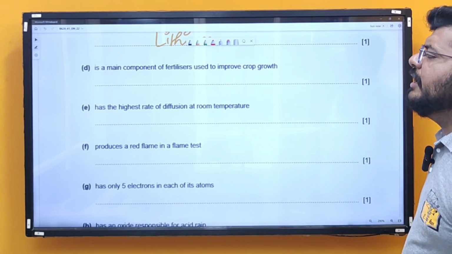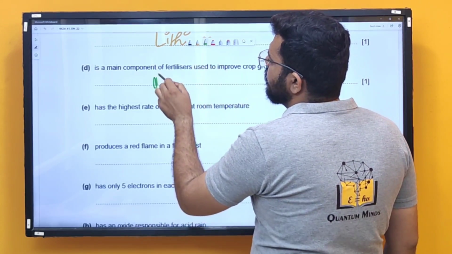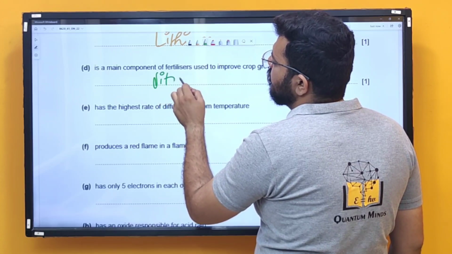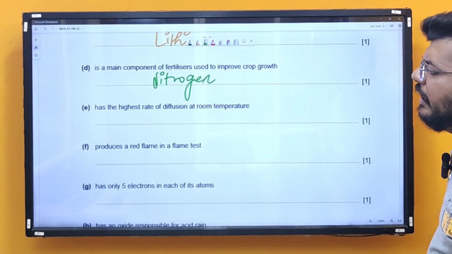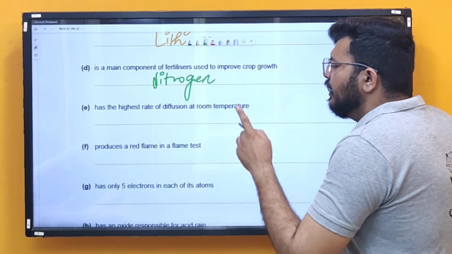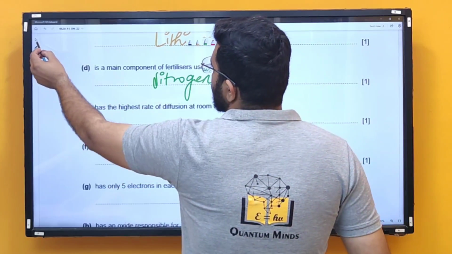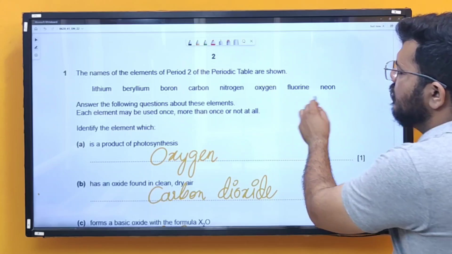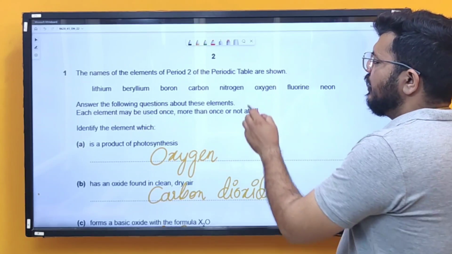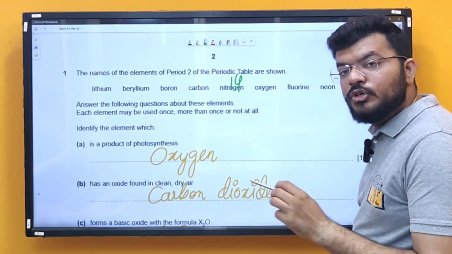D, it is a main component of fertilizer used to improve crop growth. It is nitrogen, right? In period 2 we find nitrogen. Has the highest rate of diffusion at room temperature. If it has highest rate of diffusion, it must be a gas, should be the lightest gas. Now if you look here, you will find nitrogen has a mass of 14, right? N2.